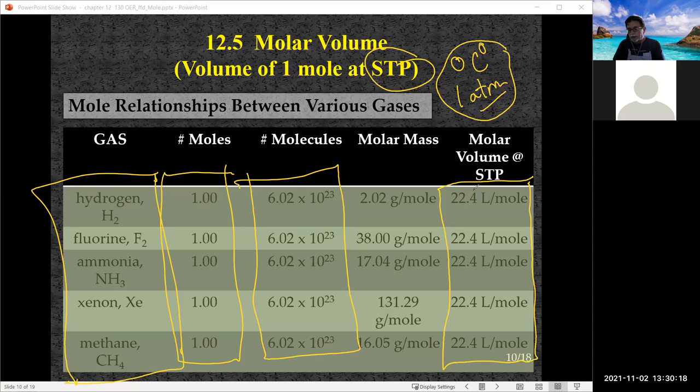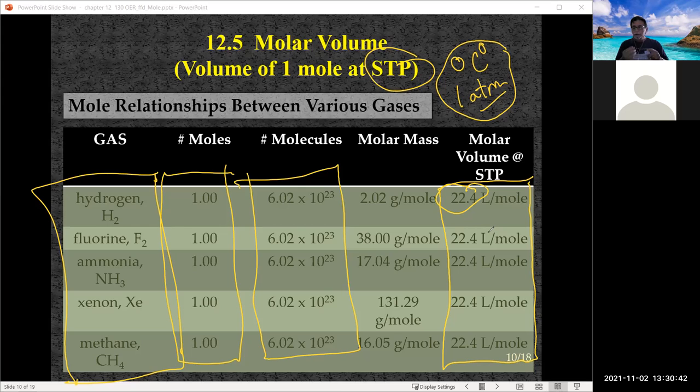Bear in mind, 22.4 liters is a measurement, and therefore, as with all measurements, there's a degree of uncertainty. Therefore, this factor, the 22.4, could affect the number of sig figs in your calculations.